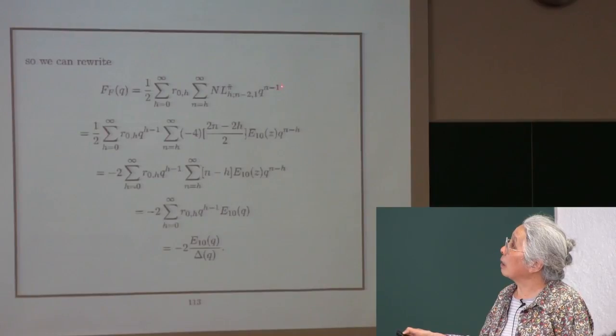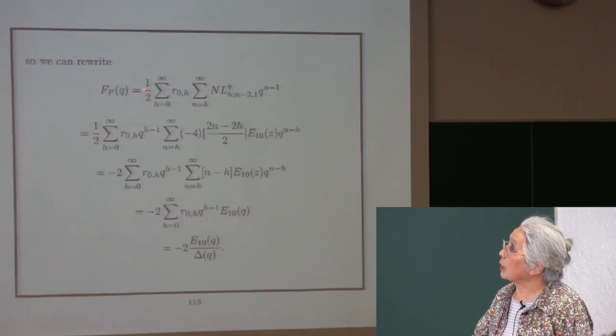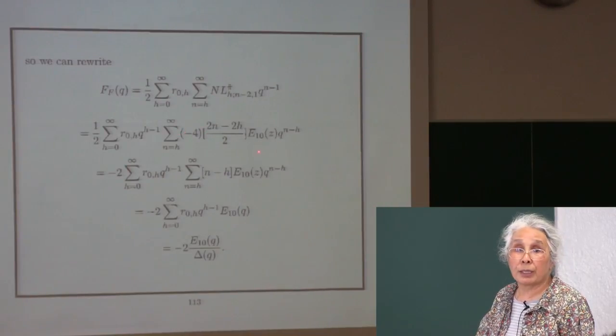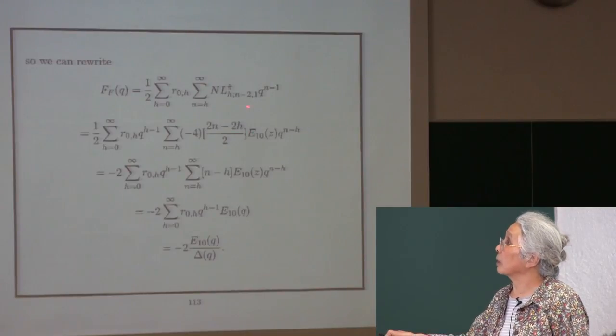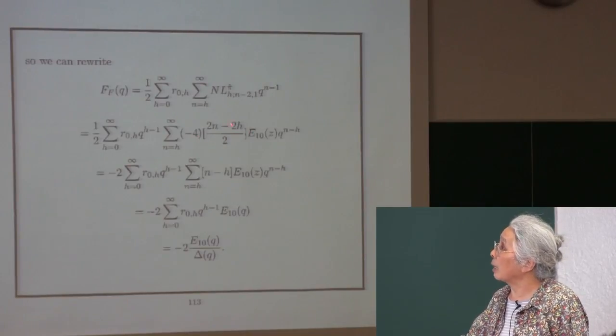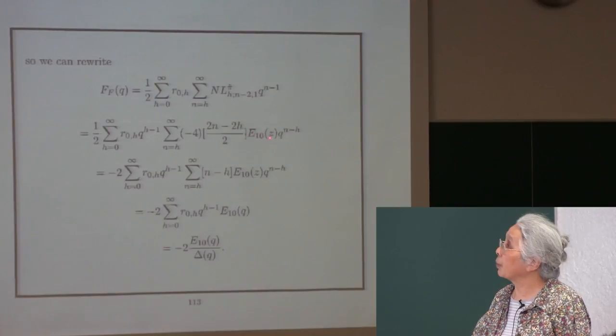So now I break up the power of q into two pieces. First I take out r_{0,h} q^(h-1), and then the remaining ones, divided by -4. This was the deficit number, just a scalar multiple of E10, so you replace with this. Minus 4 times the determinant of this, that's all computed.